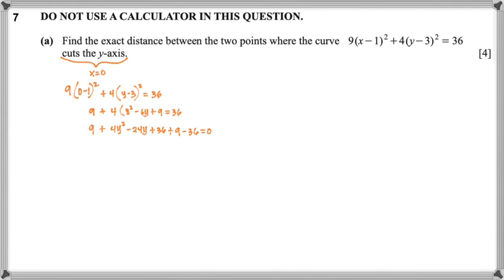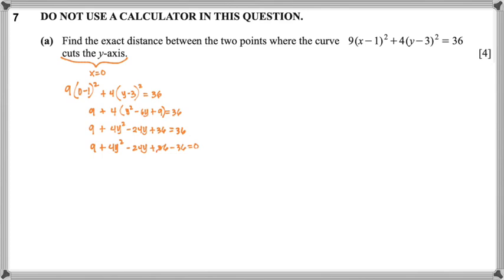So if we move, 9 plus 4y squared minus 24y plus 36 minus 36 is equal to 0.